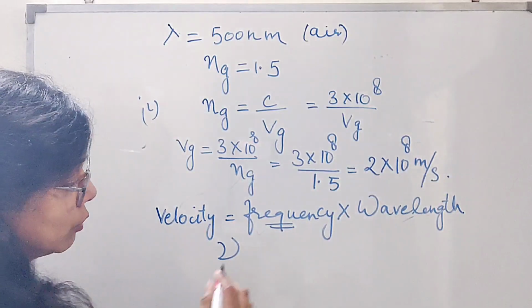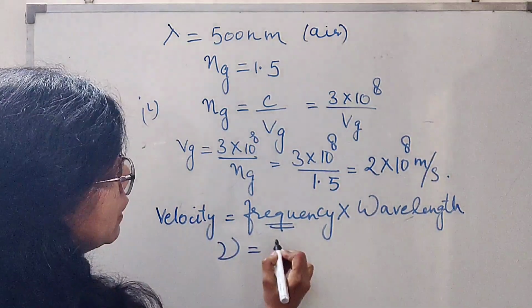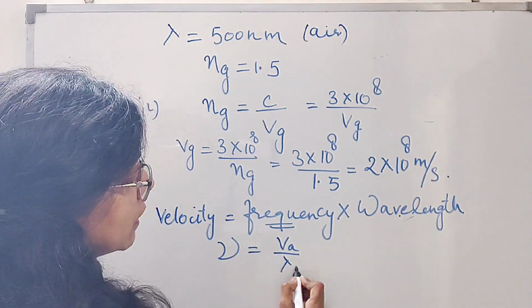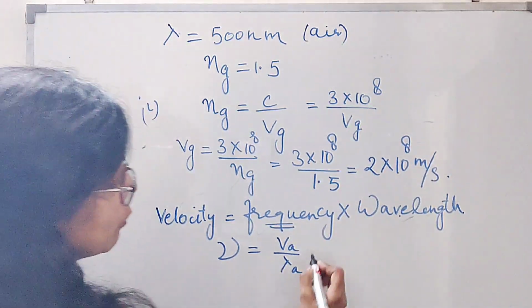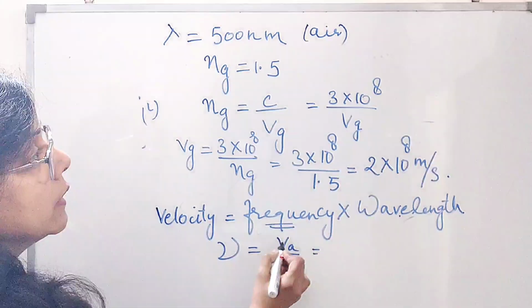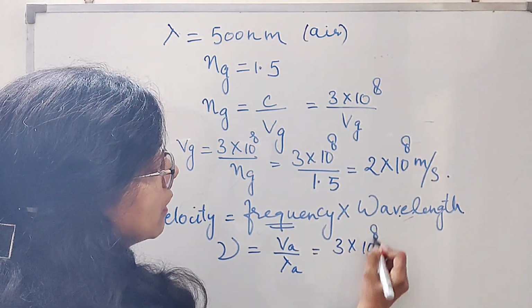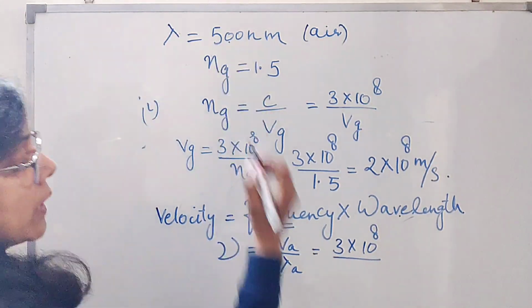So nu will be velocity in air upon wavelength in air. Now put the values. Velocity in air is C, 3 into 10 to the power 8, and wavelength in air is 500 nanometer.